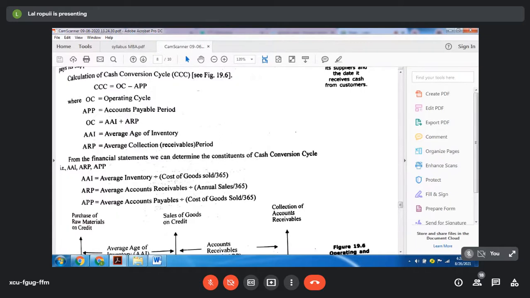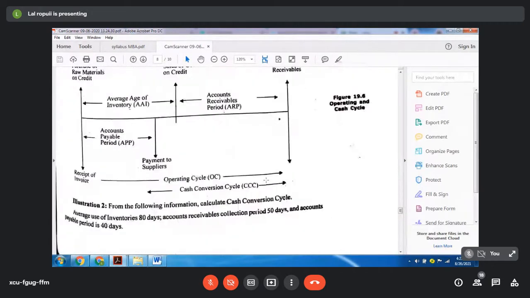Average accounts payable period is average accounts payable divided by cost of goods sold divided by 365 days. So these are how to calculate the conversion of your operating cycle into cash.